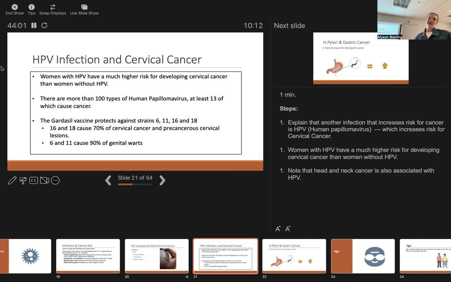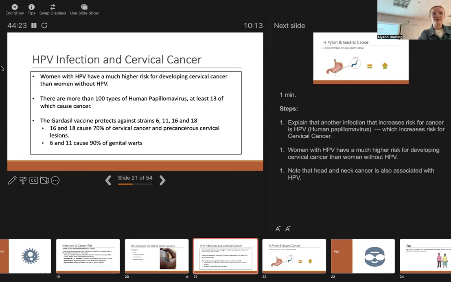And then 6 and 11 cause 90% of genital warts. Okay, so if the population is protected against HPV strains 16 and 18, that's going to eliminate 70% of cervical cancers, okay?